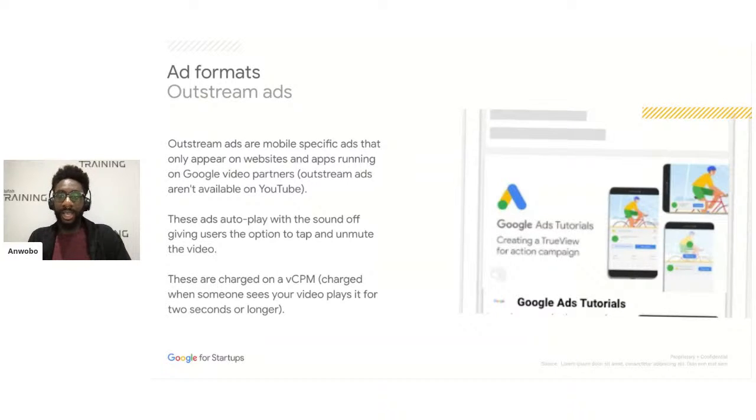They'll be able to see an outstream ad, and an outstream ad will appear as a banner, as an interstitial, which is when you are on a mobile app and you get a full screen takeover with an ad. They can be in feeds, they can be native, they can be in portrait mode, in landscape mode, in full screen mode.